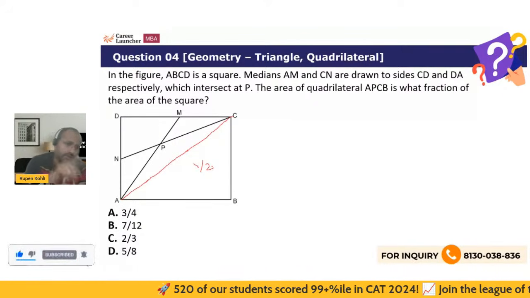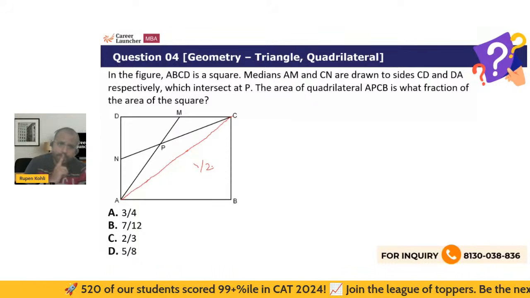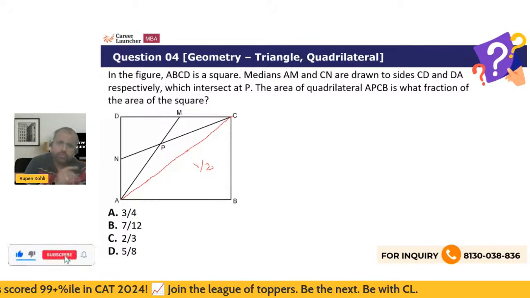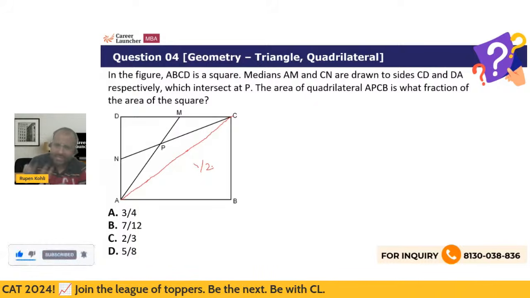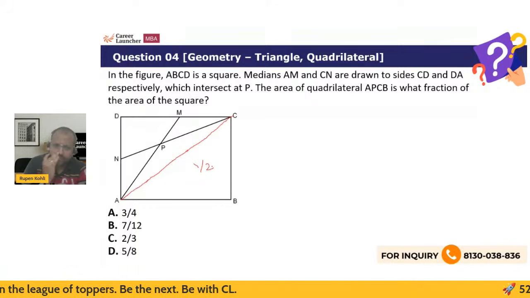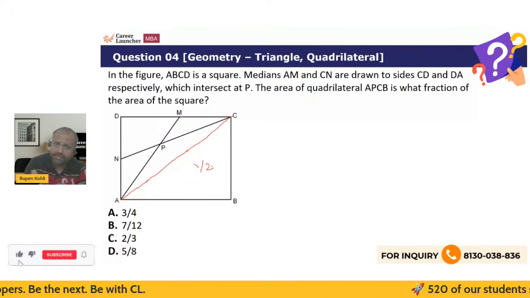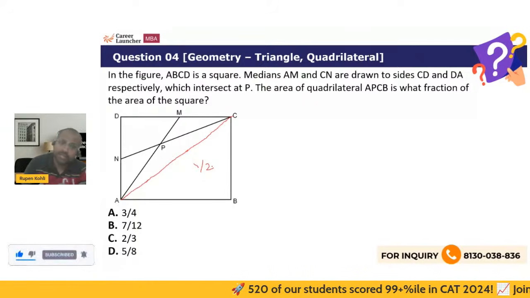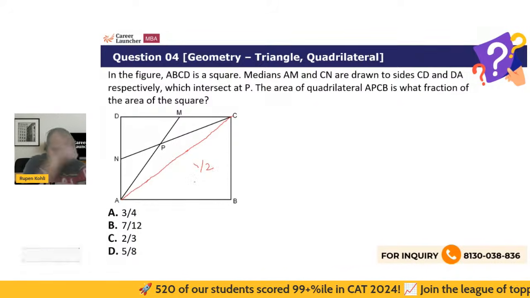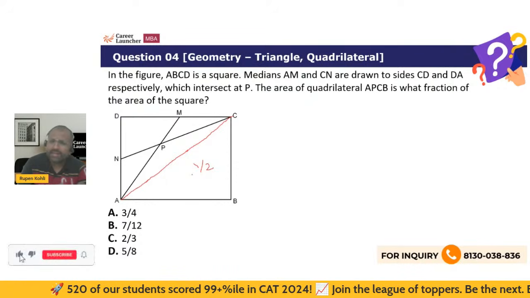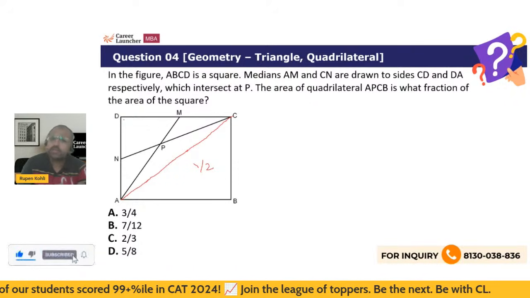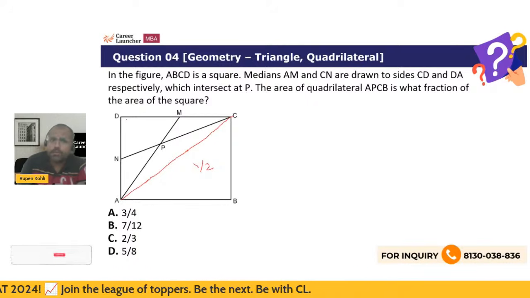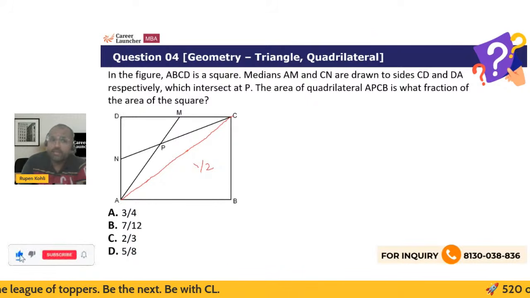Now coming to this figure, two medians are drawn. So two medians will always intersect at the centroid of the triangle. Obvious, right? AM and CN, the medians, will be intersecting at P. So P is the centroid of triangle ACD. Now to complete the whole figure, wouldn't it help us if I can just join the third median also, for the sake of perhaps some concept or property of medians and centroid we can use?